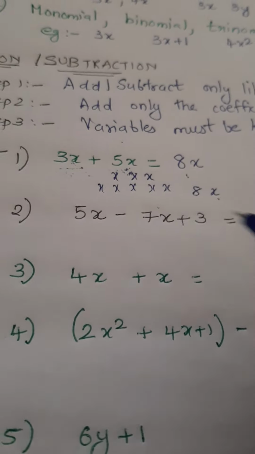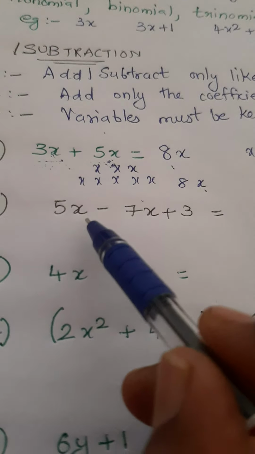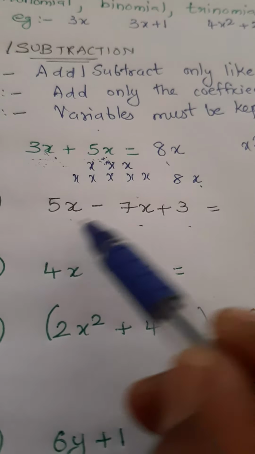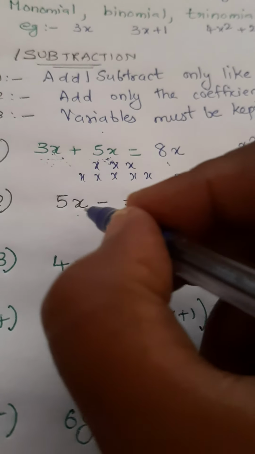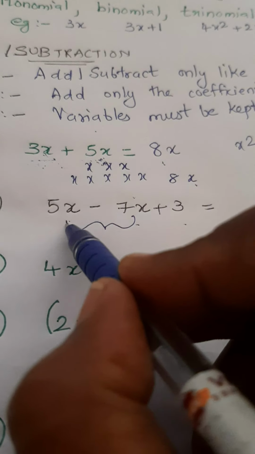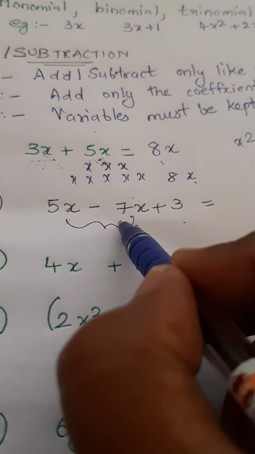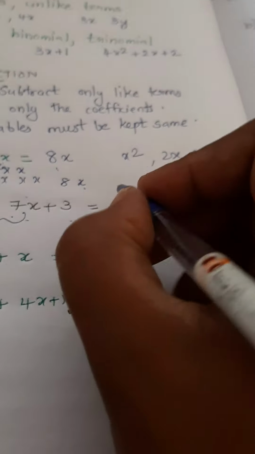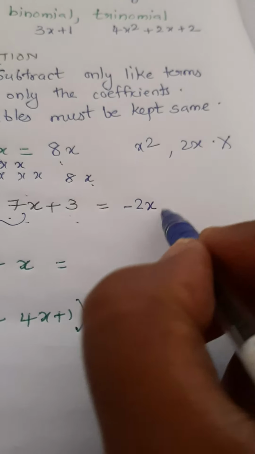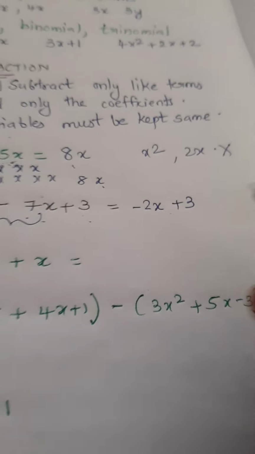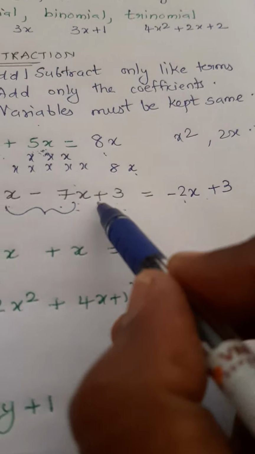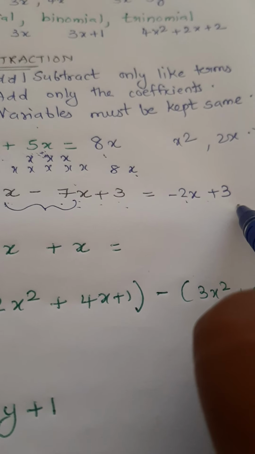Okay, so just look at the second example, 5x minus 7x plus 3. Among these three terms, which are the like terms? These, 5x and 7x. So it is 5x minus 7x. So the answer will be minus 2x. And the 3 will be as it is. So 5x minus 7x will become minus 2x and 3 will remain as it is.